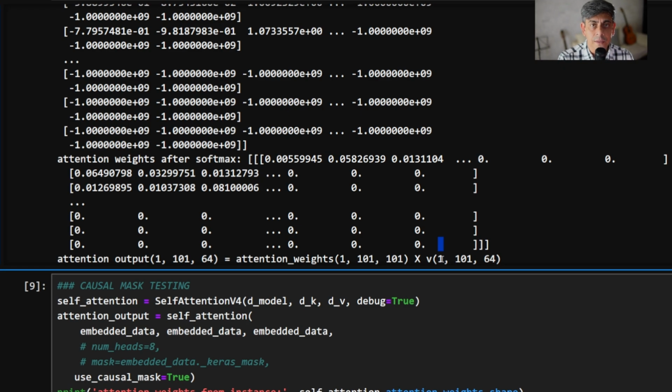The input was, as we know, 101 of d_model size, which was 512, and that was converted to 64 dimension. That was the value, and this 101 and this 101 cancel out, and we get 101 by 64. One batch, I mean within the batch we are not taking a batch, one single instance, 101 in sequence, and then 64 is the attention weight.